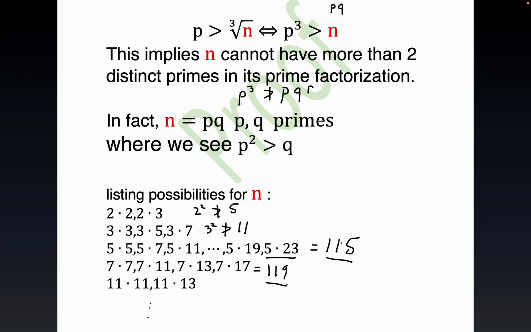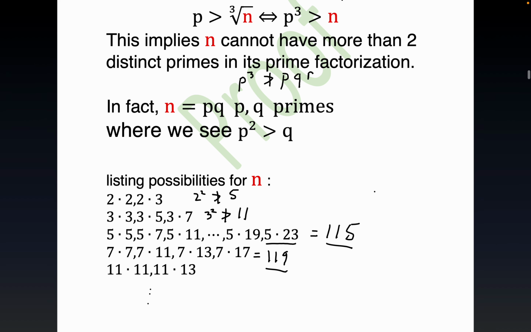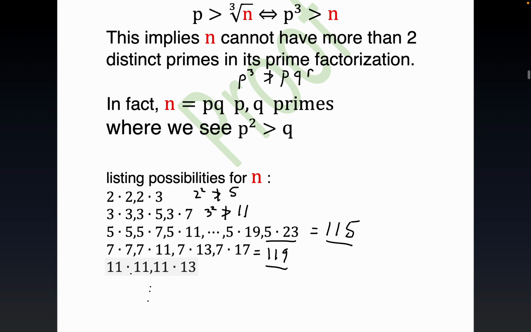Out of the numbers, here's your 121 right here. I'll just put it so we have it on one screen. This is 121, which we were able to figure out at the beginning. The smallest one of these is 115.